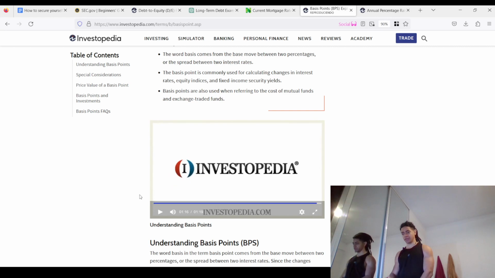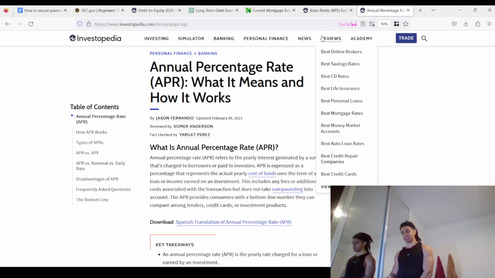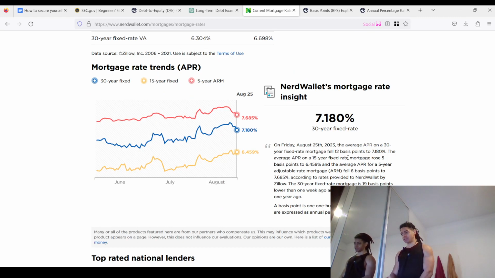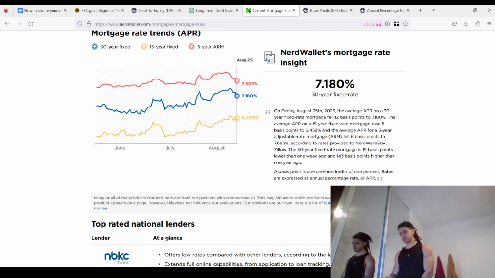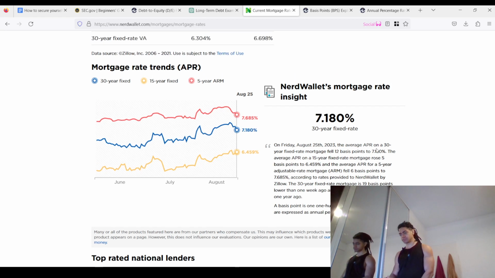It's to avoid ambiguity. So when they talk about a fixed mortgage falling 12 basis points, it means 0.12%.